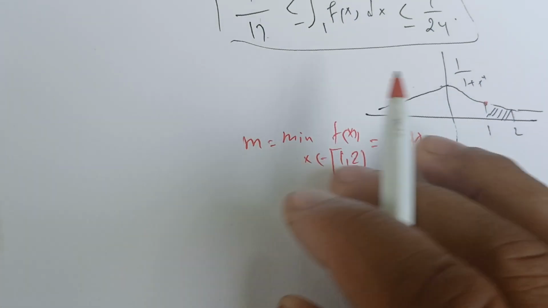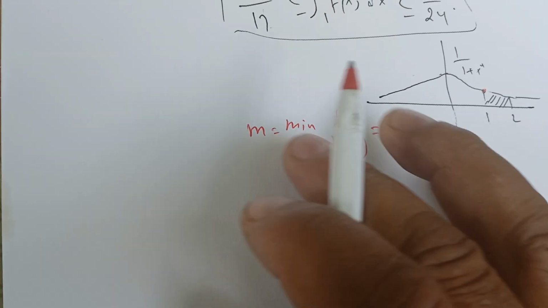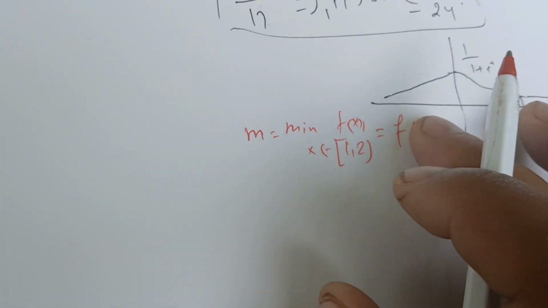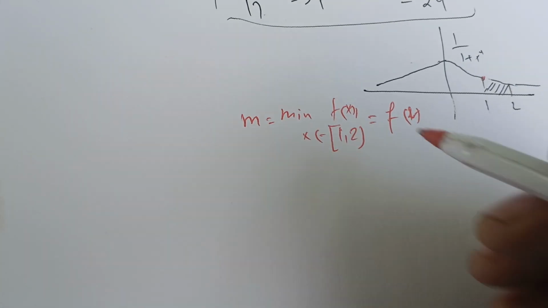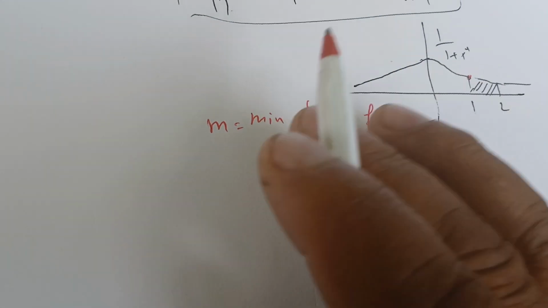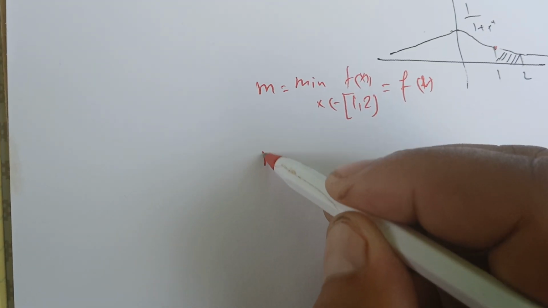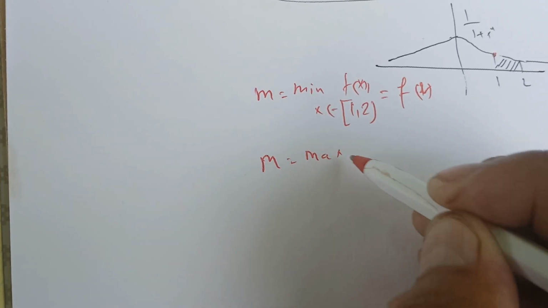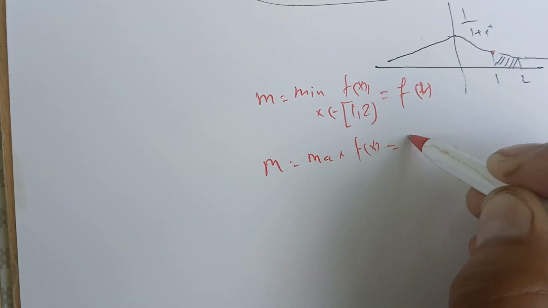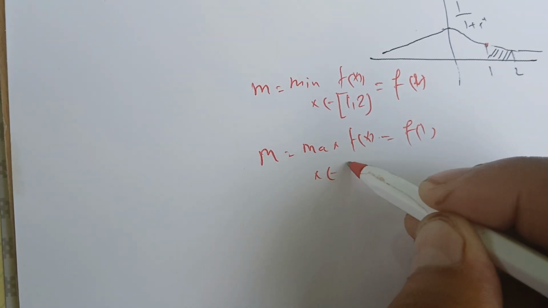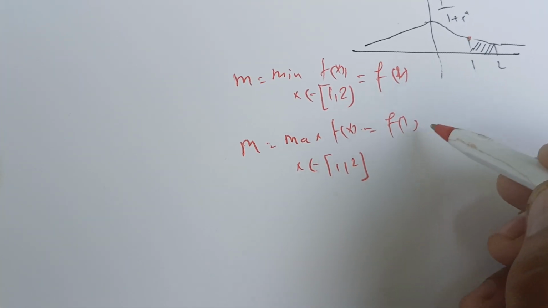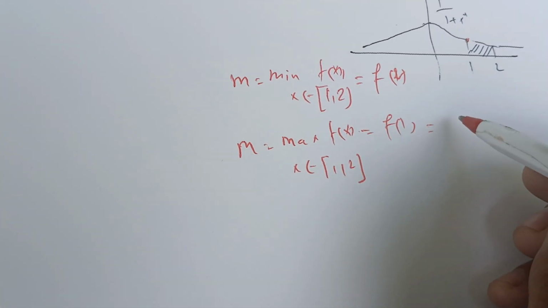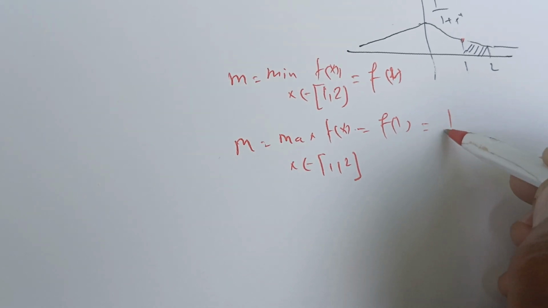We would need to prove that f is the minimum, but for us, clearly f is continuous and decreasing, so we can accept that this is the minimum. And the maximum is defined as f of 1 for x between 1 and 2. We can find that f of 1 is just 1 over 2.